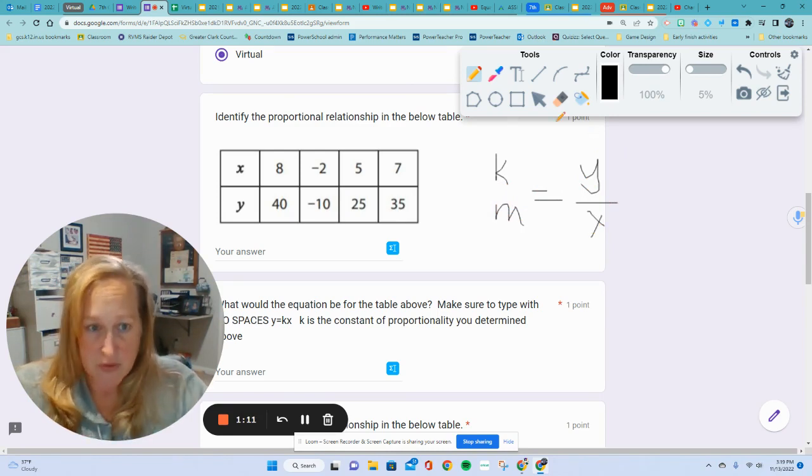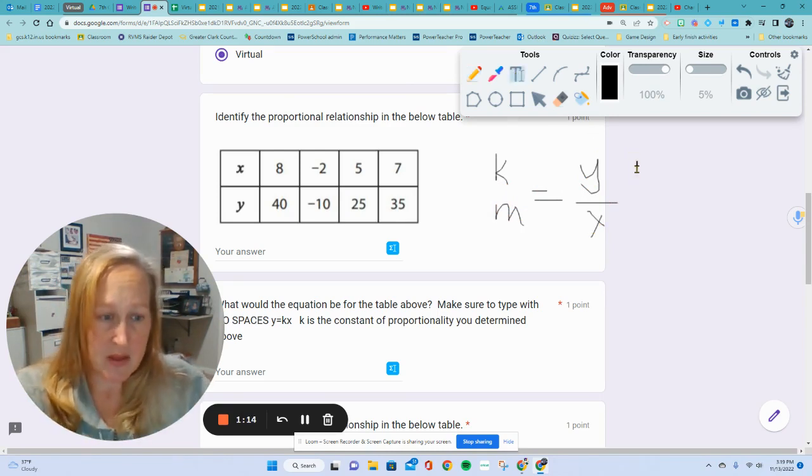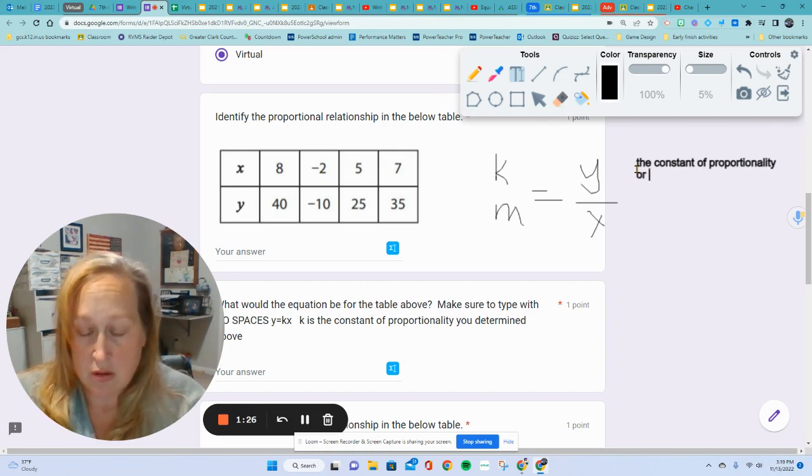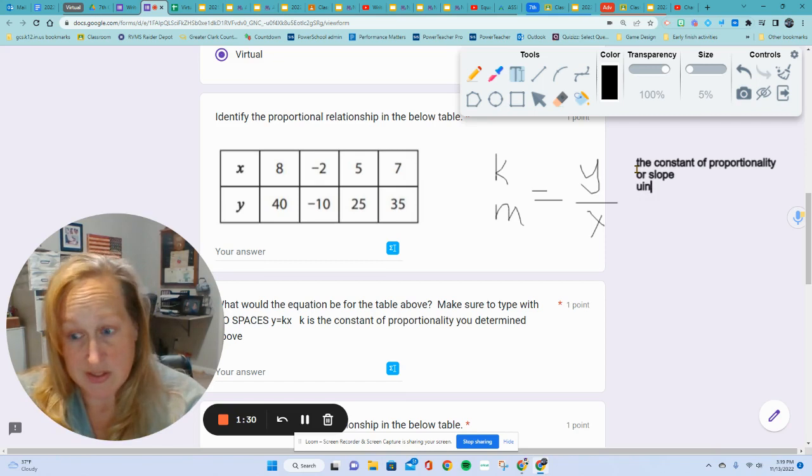The fancy word for this, I'm going to attempt to type, is the constant of proportionality, or it's called slope, or it's called unit rate.